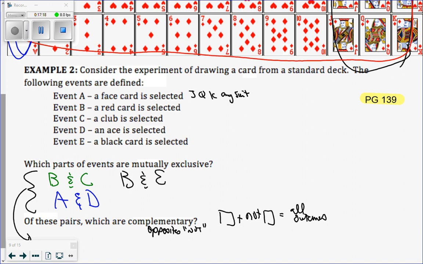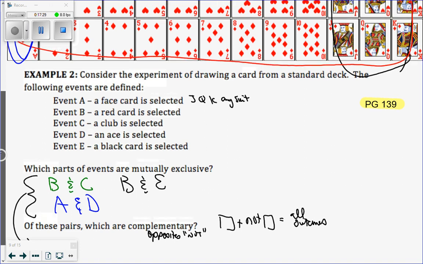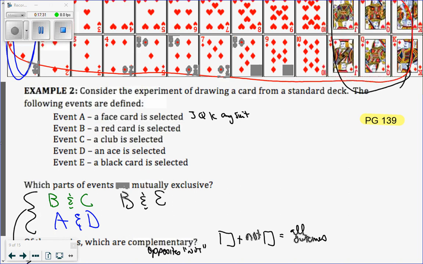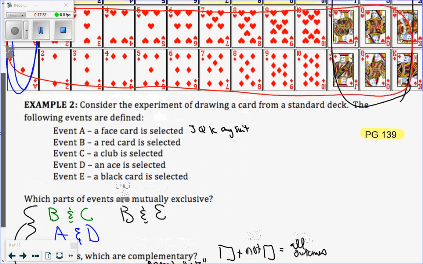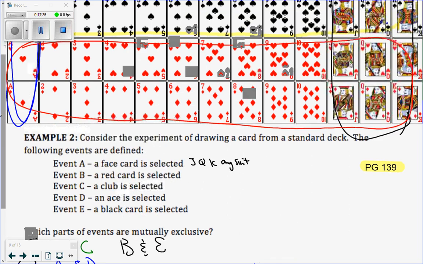So picking Morgan and not picking Morgan, if I put those two events together, I cover everybody in the class, right? So which of these two events cover everything all together? B and C, A and D, or B and E? When I put the two events together, you cover every single outcome.